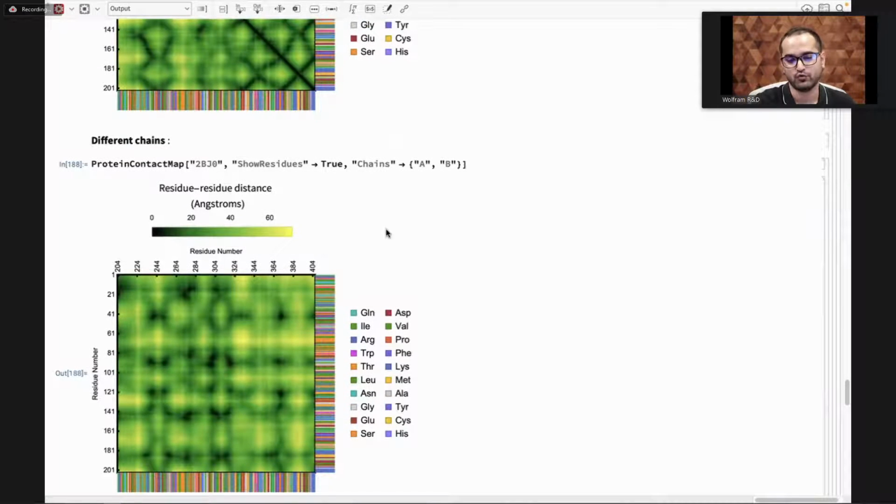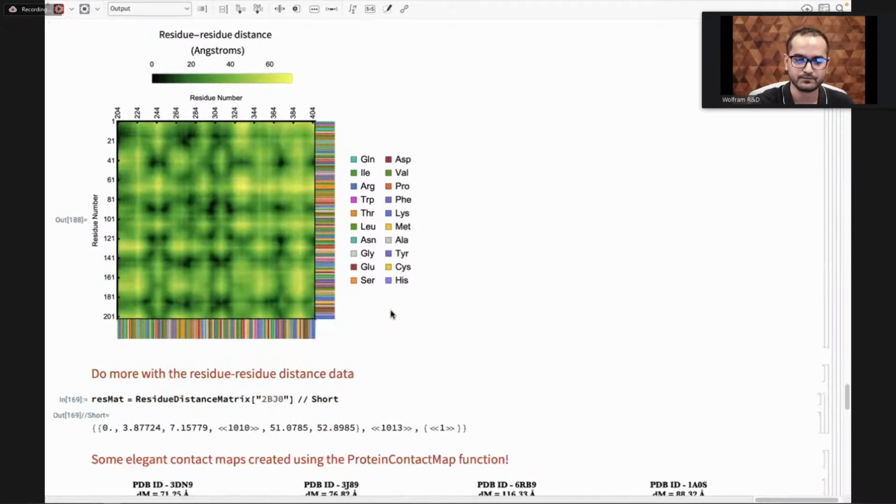And you can also do the same for different chains. So this is the interaction between A and B chains. And for the different chains, the first chain residues lie along the row and the second chain residues lie along the column.